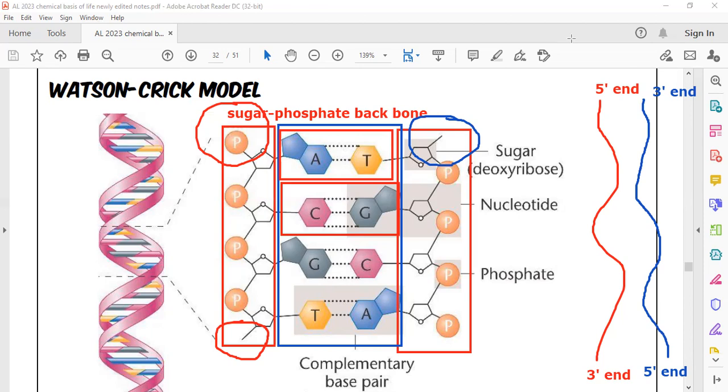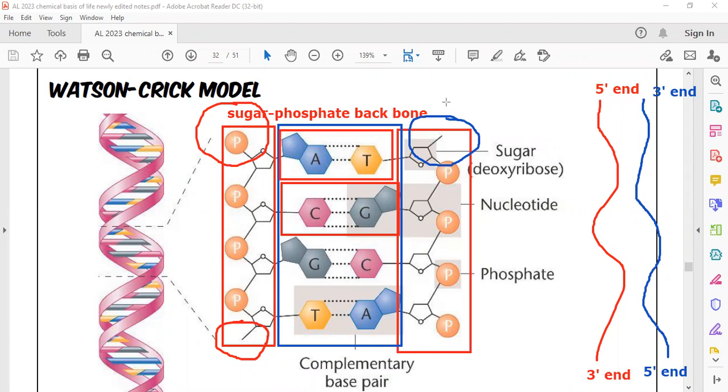Between adenine and thymine, how many hydrogen bonds are present? You are counting the dots. Two. Okay.